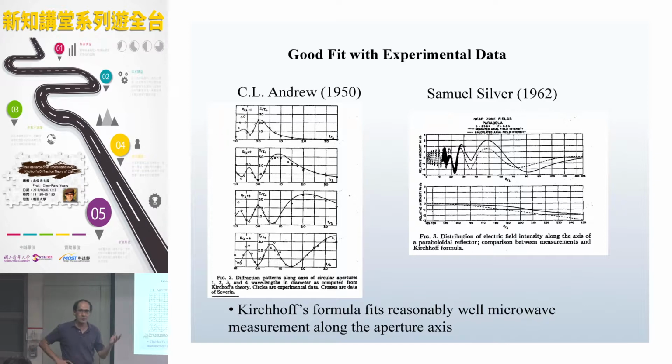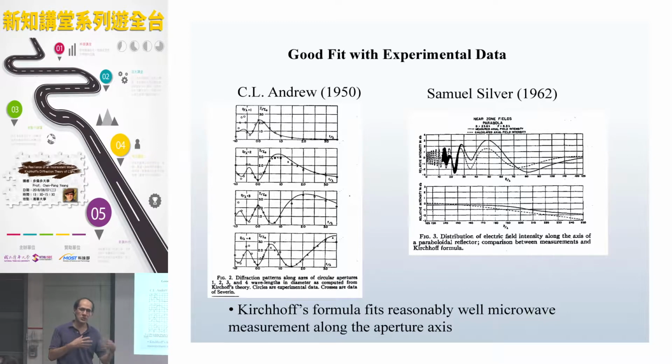So one reason, of course, was that the Kirchhoff result was consistent with empirical evidence. So this is just one set of data produced much later, around the 1950s and 60s. Some experimental physicists conducted the microwave diffraction experiment, did some measurement, and found that the Kirchhoff formula was actually quite a nice fit with the experimental data at the microwave range.